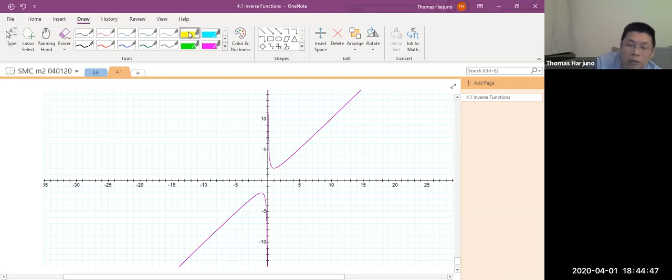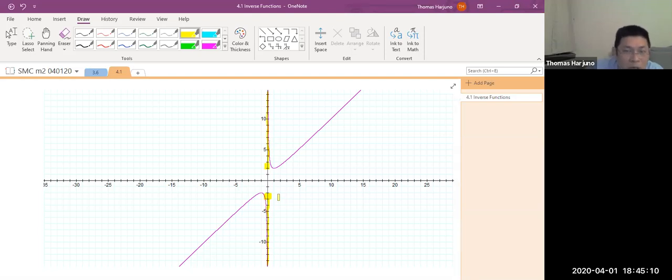We know that the range starts from here, going up, and from here, going down. You see that? But you cannot judge a book by its cover. You cannot tell the range by just looking at the graph if you have such a graph. We need to super zoom in to make sure that it is true, and there's a big chance we still get it wrong, right?